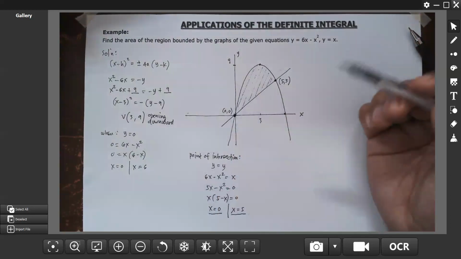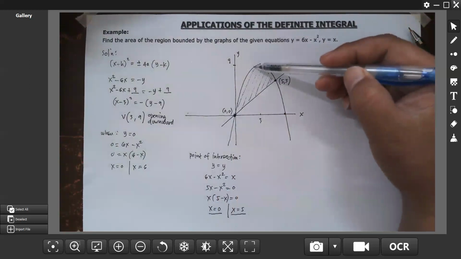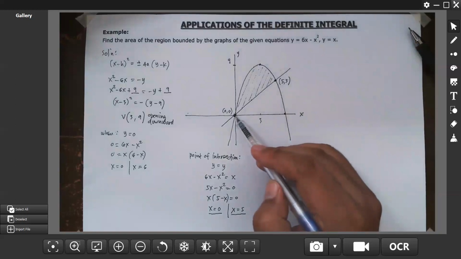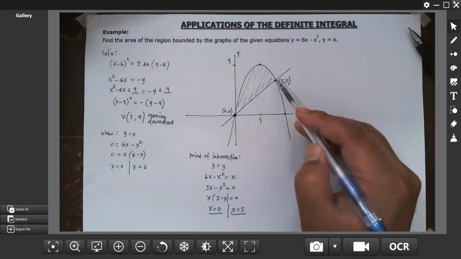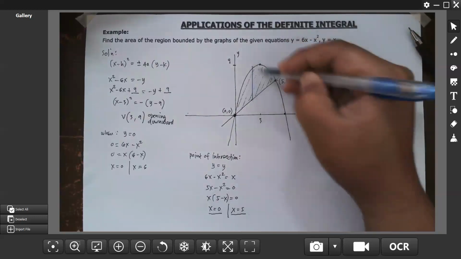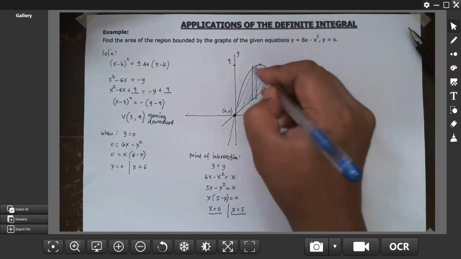Whereas for a vertical rectangular strip, the upper graph is the parabola, the lower graph is the line. So, it is consistent from the lower limit to the upper limit. Therefore, we're going to analyze a vertical rectangular strip.